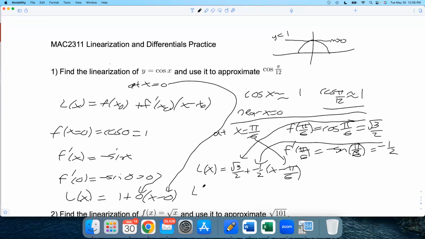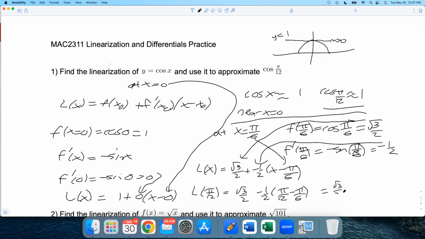Okay, then now I can plug in pi over 12. And I'll get root 3 over 2 minus 1/2 times pi over 12 minus pi over 6. So that right there is going to be a negative pi over 6.